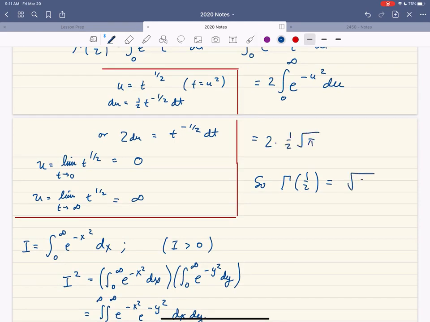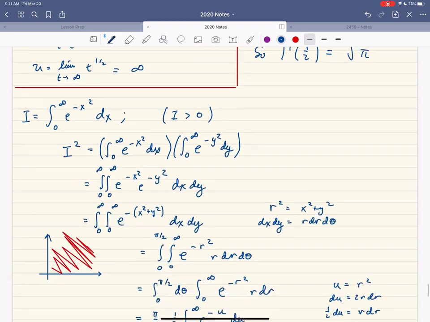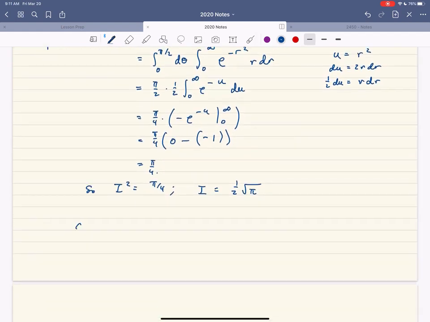And so it turns out that gamma of 1/2 is square root of pi. That's the other big family of values that we're going to worry about for the gamma function, and by family, I mean the half integers. So if you were to have gamma of 5/2, that would be 3/2 gamma of 3/2.